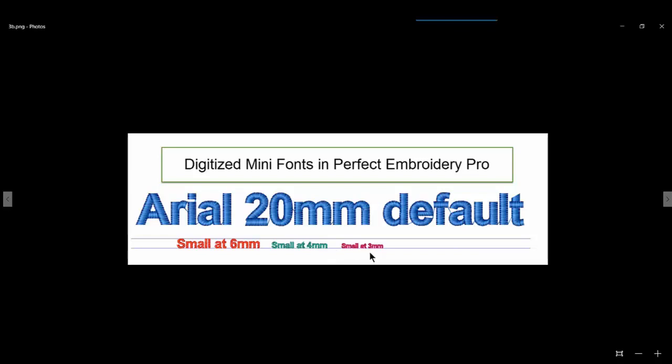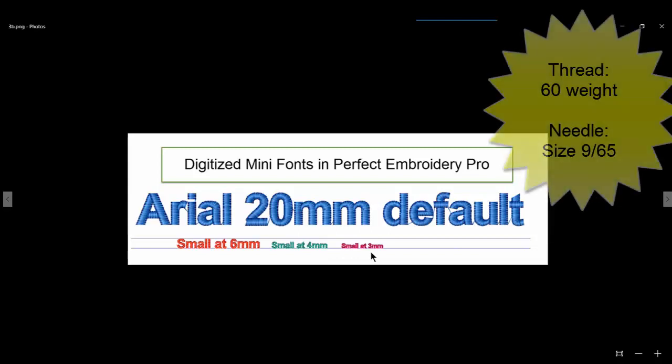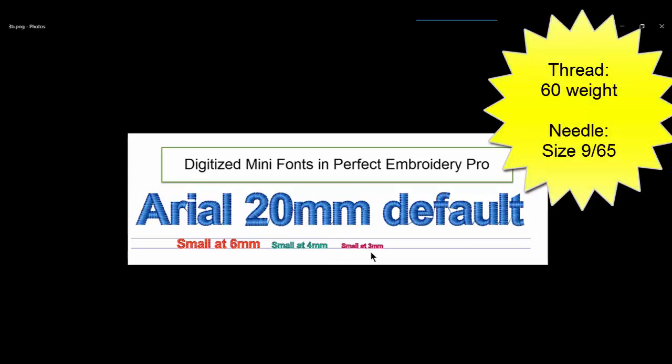But these again are digitized fonts, which means every single letter in the alphabet has been individually digitized so that it works at any of these particular sizes. Something else to remember whenever you use a mini font is to be sure to use a 60 weight thread and a size 9/65 needle.